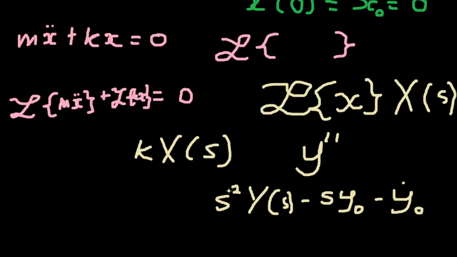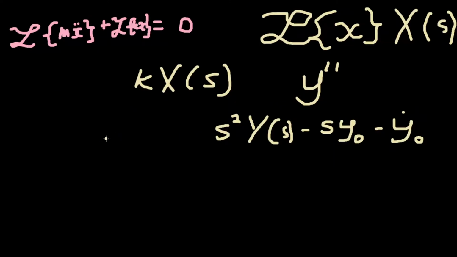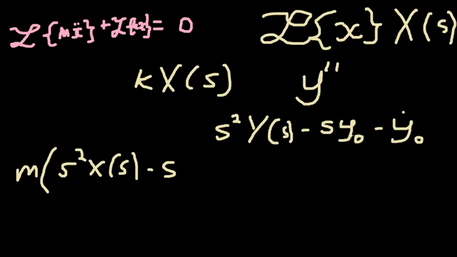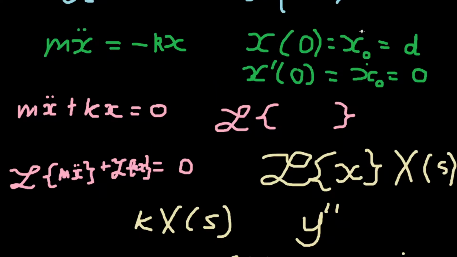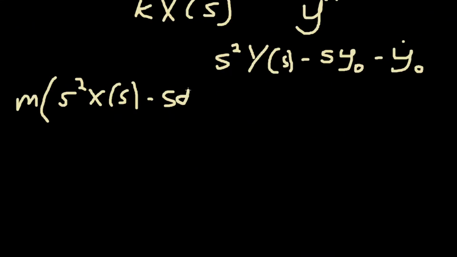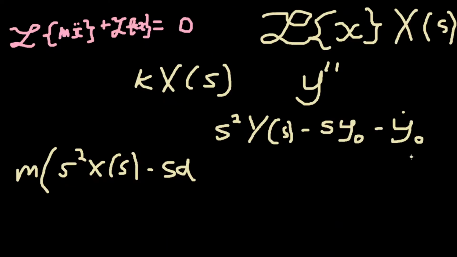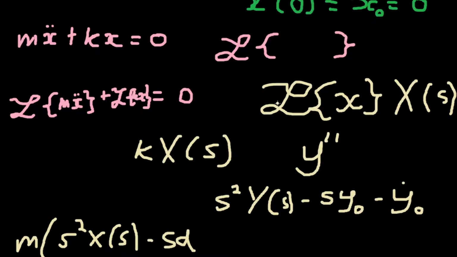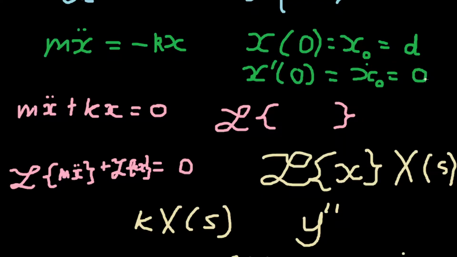So in this case, we're just going to get, for this term, m times the Laplace transform of x double prime, which is just s squared times big X of s, minus s times the initial x, which, as we stated here, was just d, minus the initial velocity x dot 0, which is also just 0.